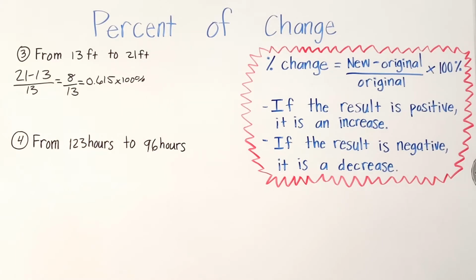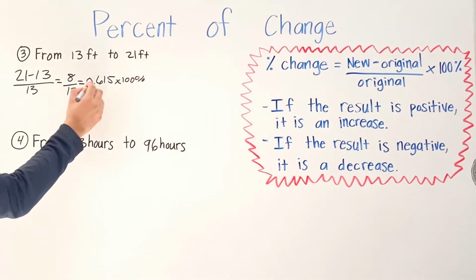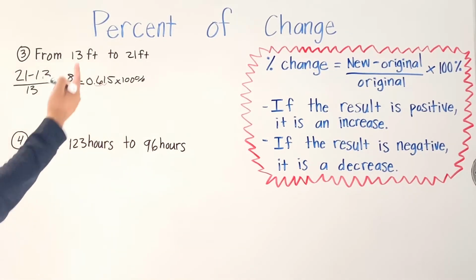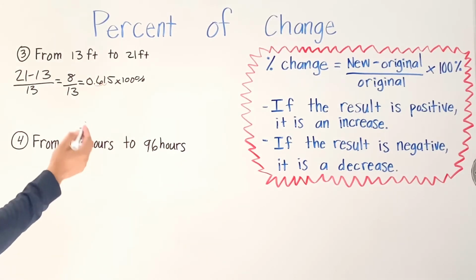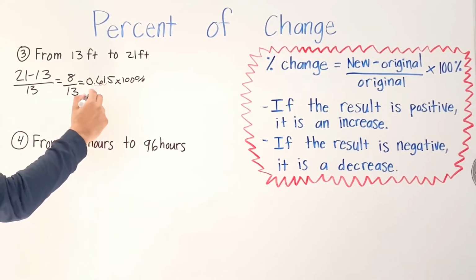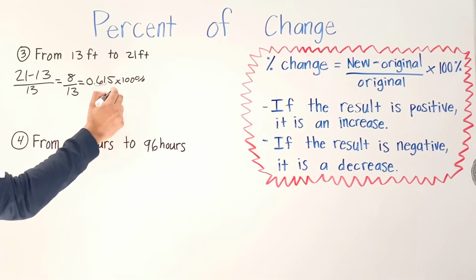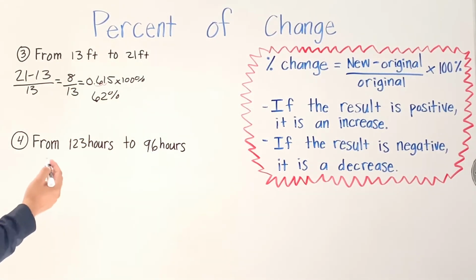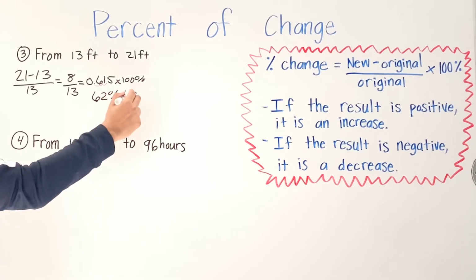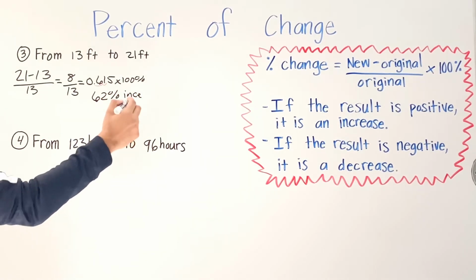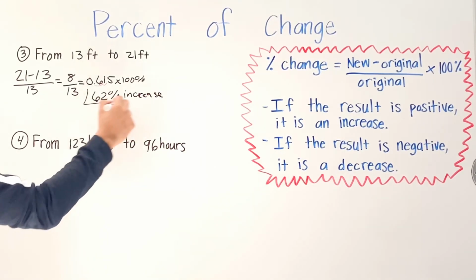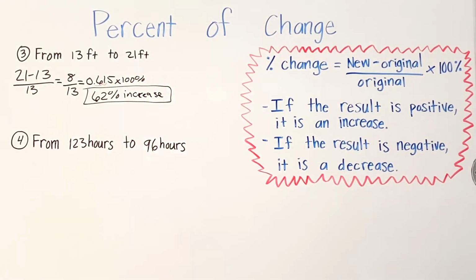Don't forget we're just going to move the decimal point 2 places. You can estimate it to be 62%. Since it is positive, it's going to be an increase of 62%. So that will be your answer for number 3.